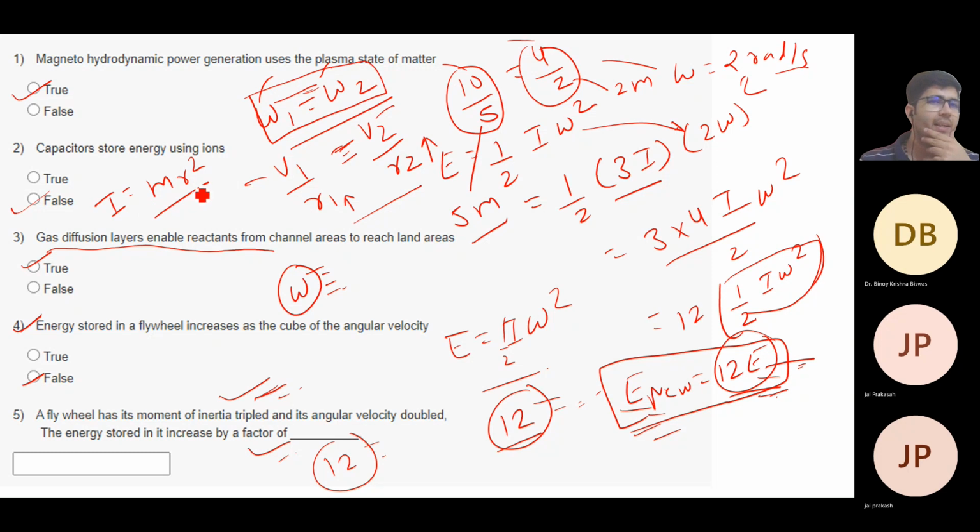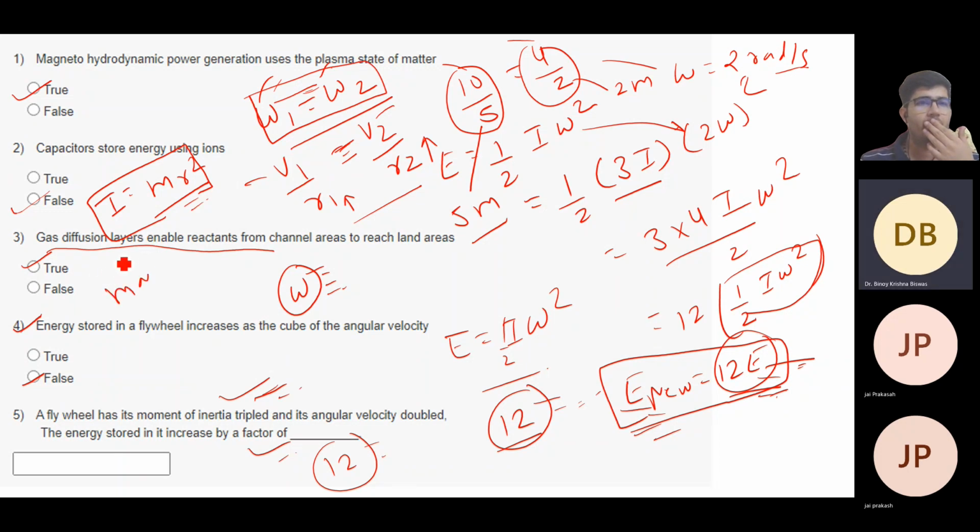No, actually, I think if the omega is changing, then the radius is also changing. I think they have to also mention moment of inertia instead of mass.